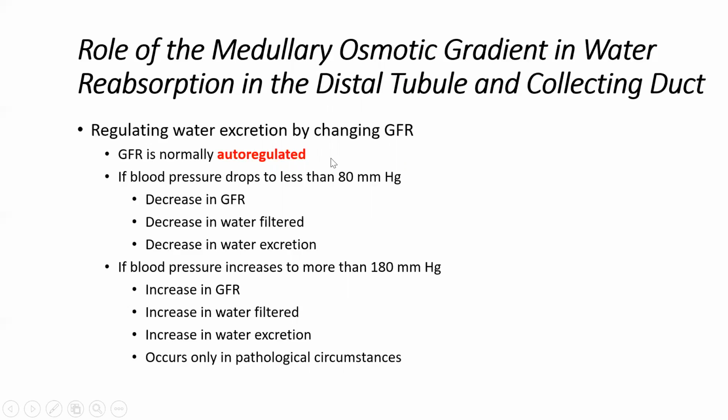80 and 180. Now, if mean arterial pressure drops below 80, the kidneys are no longer going to auto-regulate here. They're going to take the hit, and they're going to decrease GFR. They're going to decrease the amount of water filtered and decrease the amount of water excreted in order to hold on to more water to try to correct that imbalance, okay?